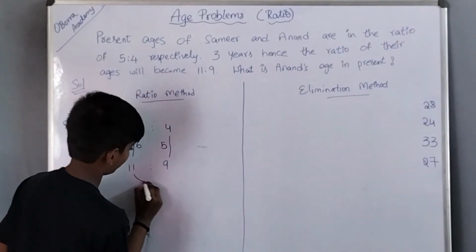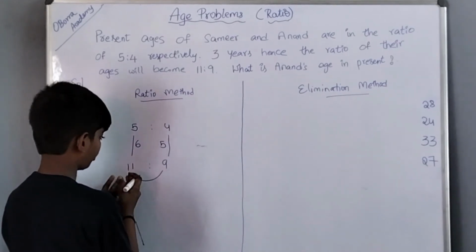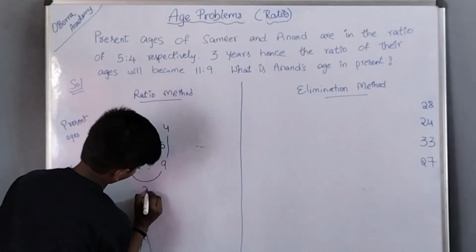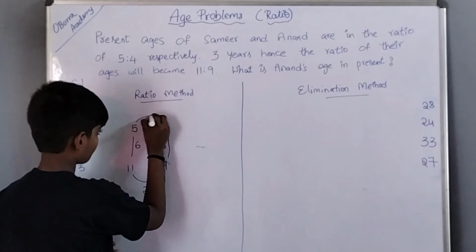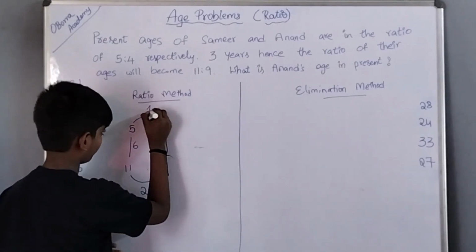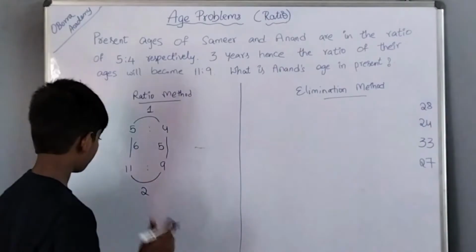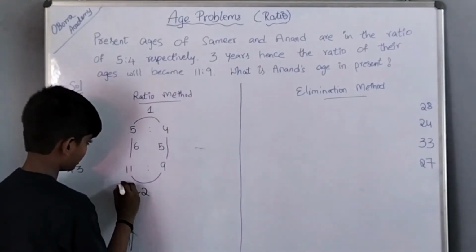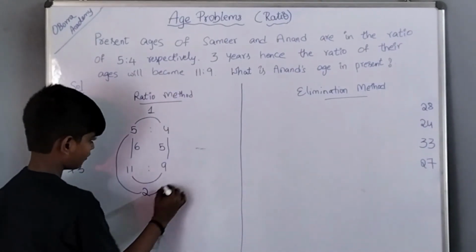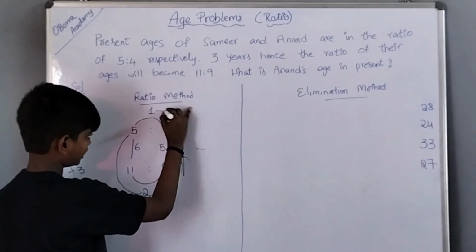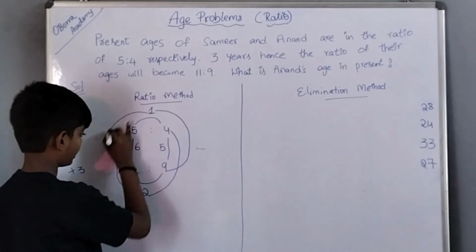Then you'll have to find the difference between 9 and 11 or 11 and 9. So the difference is 2. And the difference between 5 and 4 is 1. So even here the difference is not equal. How to do it? This 2 should multiply with 5 and 4, and this 1 should be multiplied with 9 and 11.